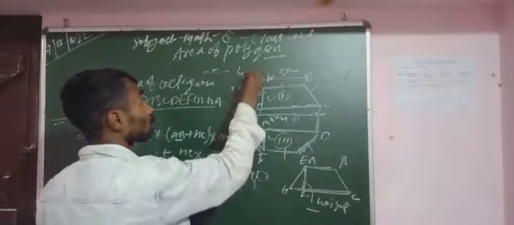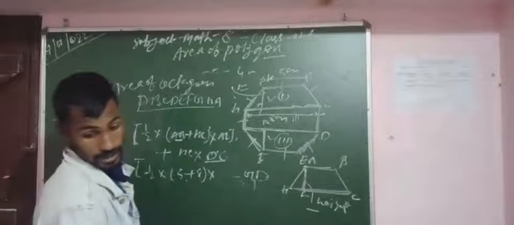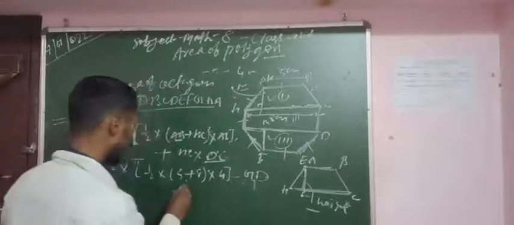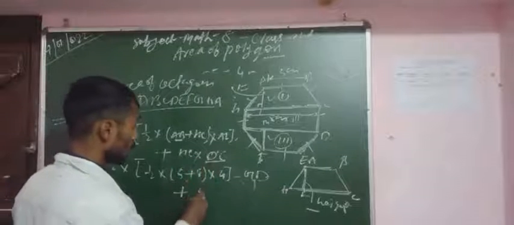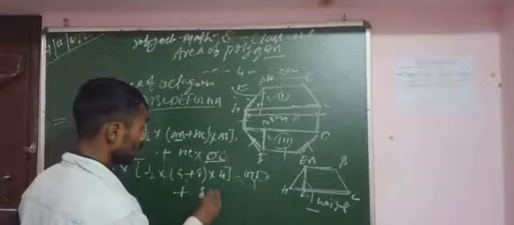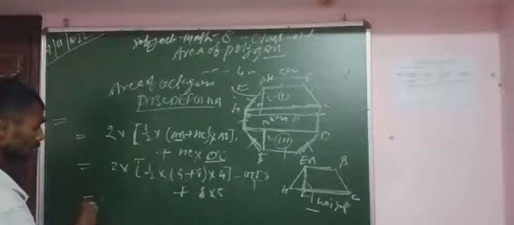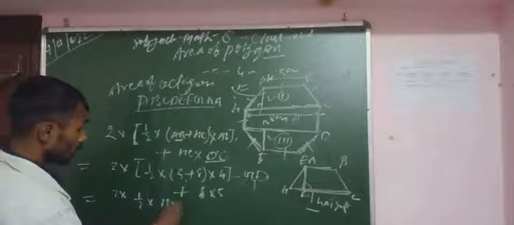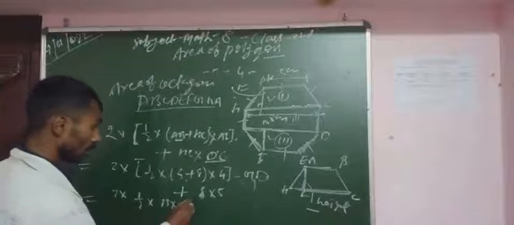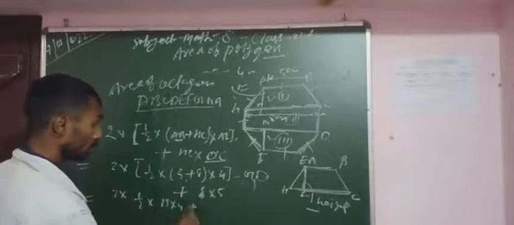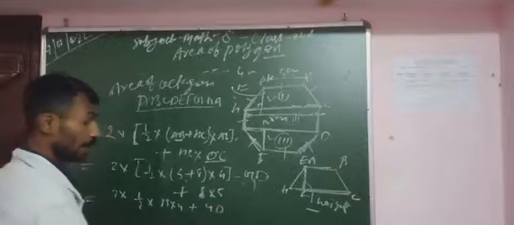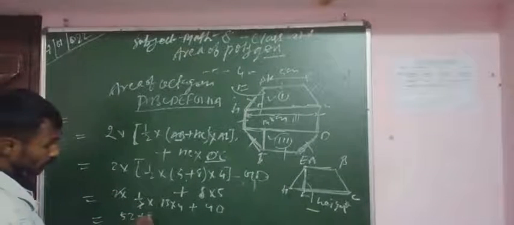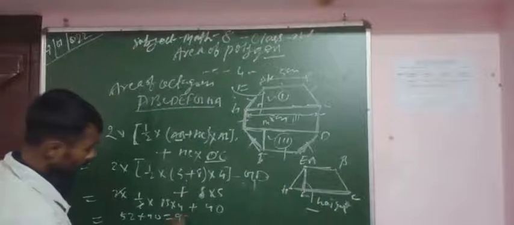AL is the height, 4 centimeter, which is given in the question. 4 centimeter, and bracket close, and plus HC is 8 into 5. So 2 into half into 13 into 4, and plus 8 into 5 is 40. Now look at this, the 2 should be cancelled, so 52 plus 40 equals 92.